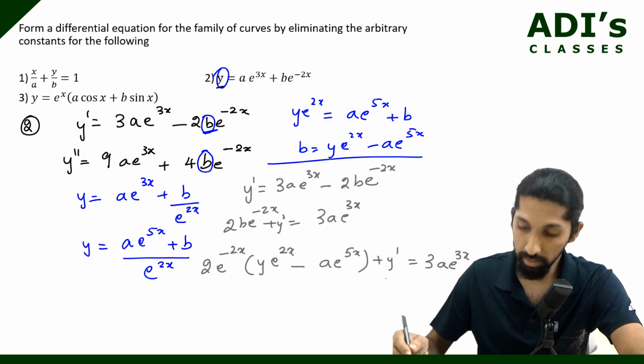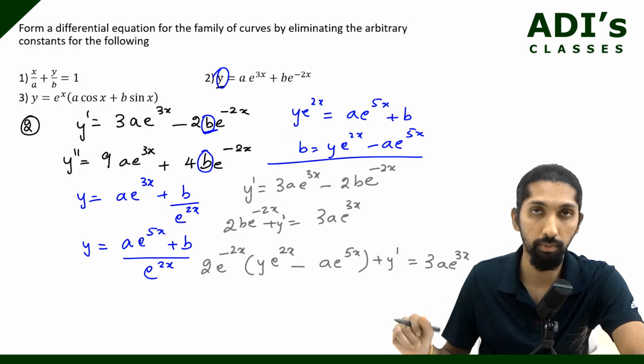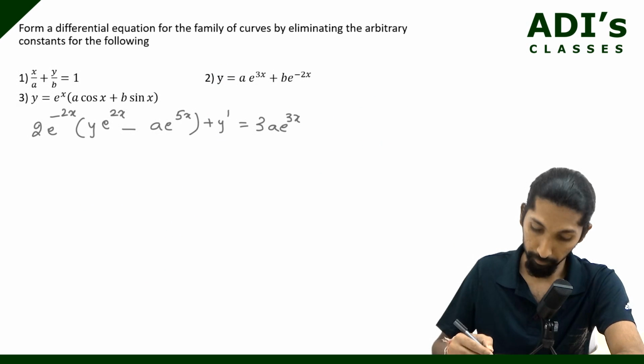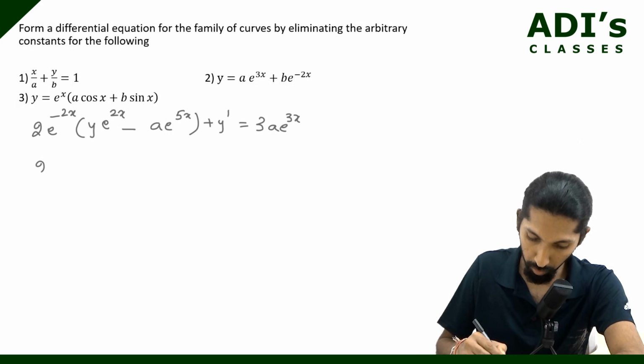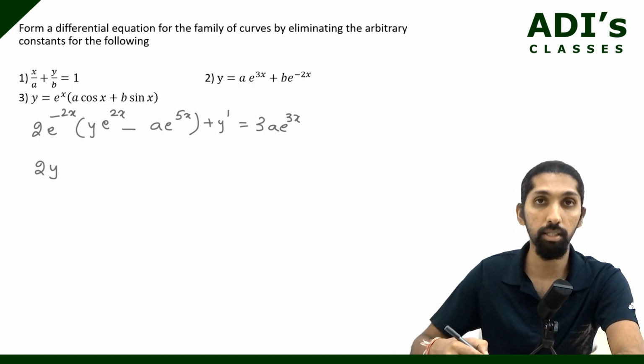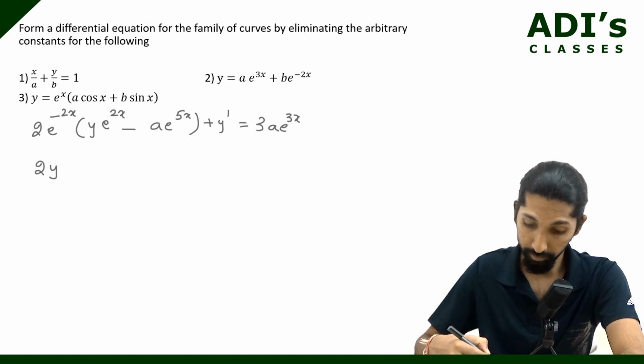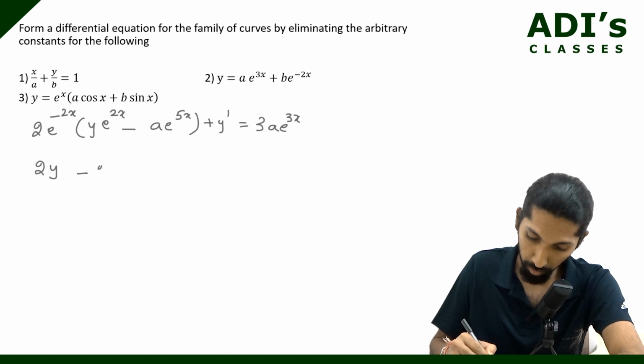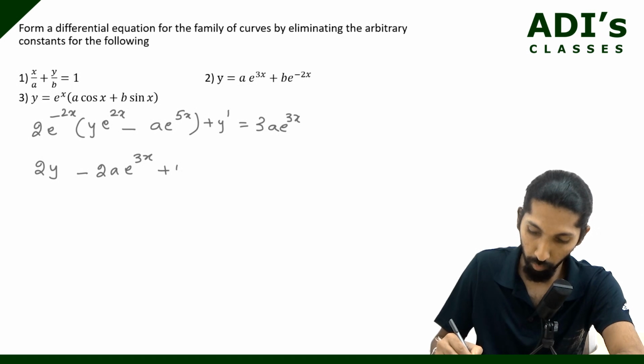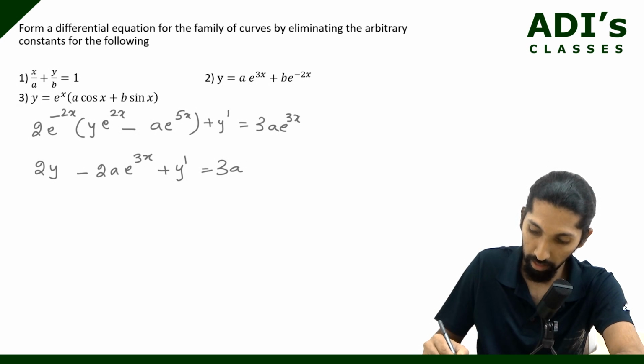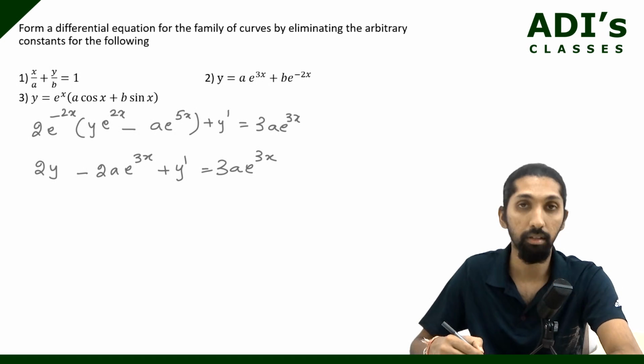Now we need to simplify this one, all right? Multiply. You're going to get 2y, because e to the power of minus 2x and e to the power of 2x get cancelled out, minus 2a e to the power of 3x, plus y dash is 3a e to the power of 3x, right?